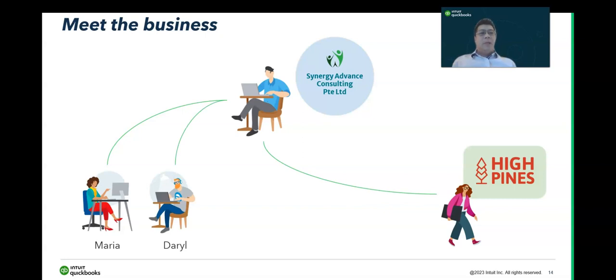Daryl is only involved in issuing estimates or quotations and invoices to customers. Daryl has no access to the expenses. Hence, the company seeks advice from the accountant, who is well versed with QBO, on how to move to QuickBooks Advanced in order to maintain all these controls and access.